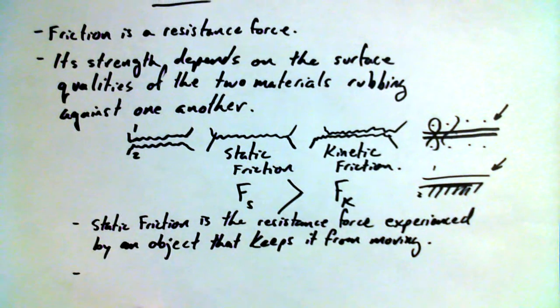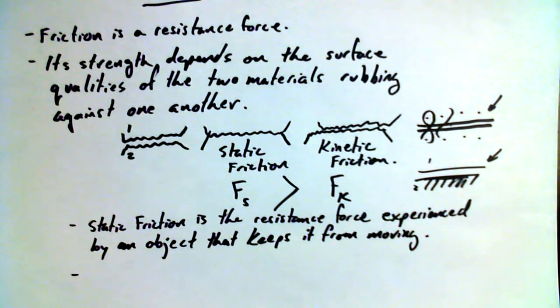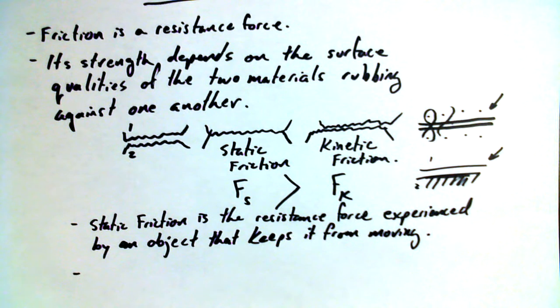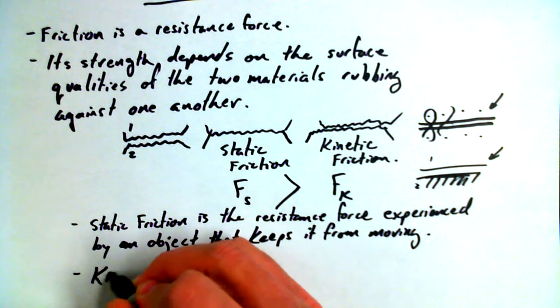It's the force that has to be overcome, in other words, in order for you to get it moving. So if the static friction force was 10 newtons between two surfaces, it wouldn't go anywhere unless I pushed with greater than 10 newtons. That's the threshold, okay? So you can think of static friction as kind of like a threshold to get it going. We also have kinetic friction.